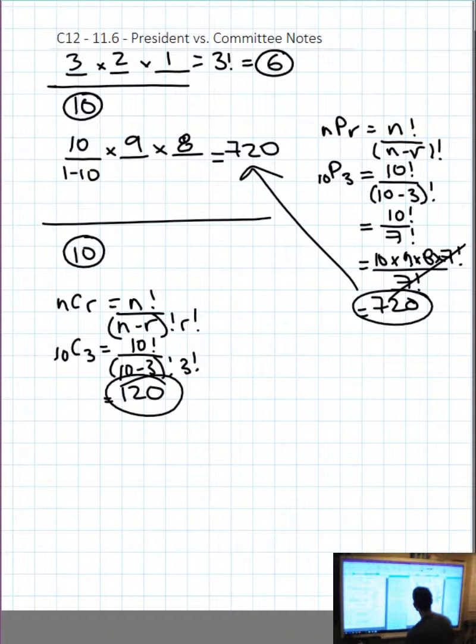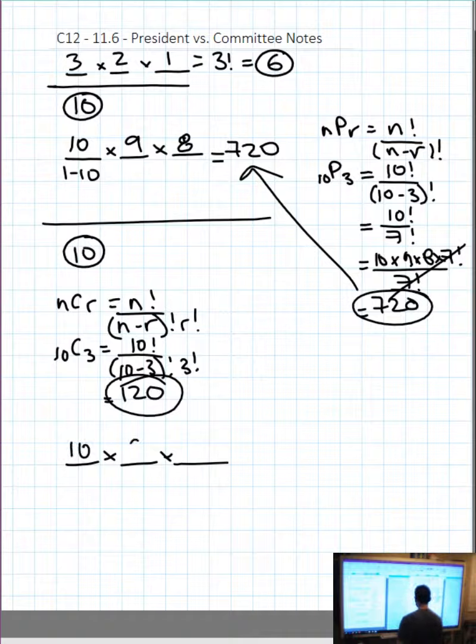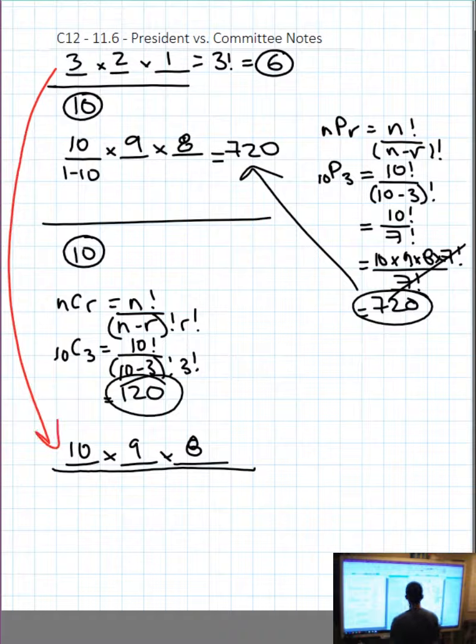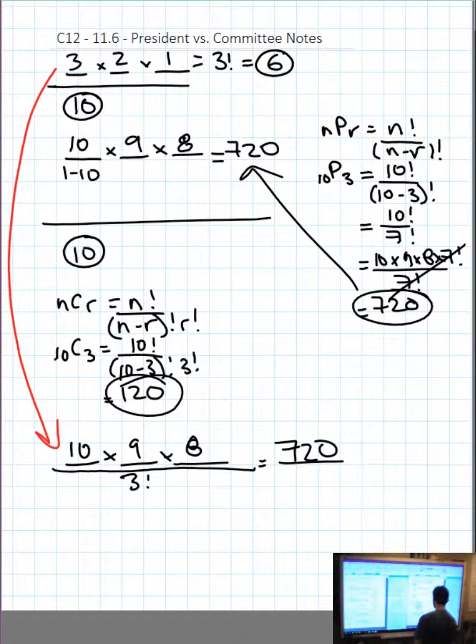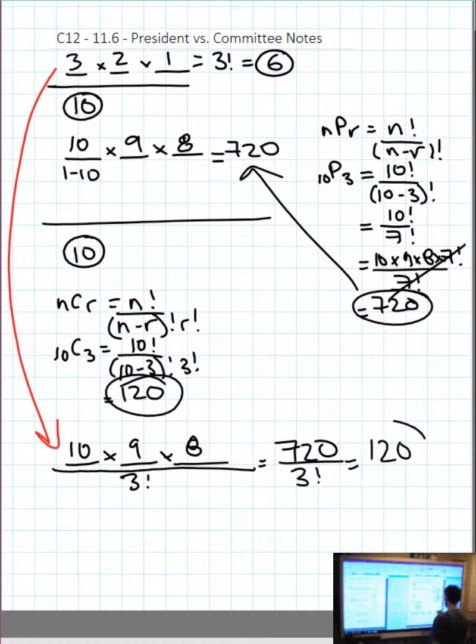And it turns out, if we were to have used blanks, blank, comma, blank, comma, blank, we would have done the same way as we did for permutations above, but this time we would need to divide by exactly the number of ways that we can arrange 3 people, 3 factorial ways, to equal 720, the permutation, divided by the number of ways you can arrange 3 people, 3 factorial, to equal the 120.